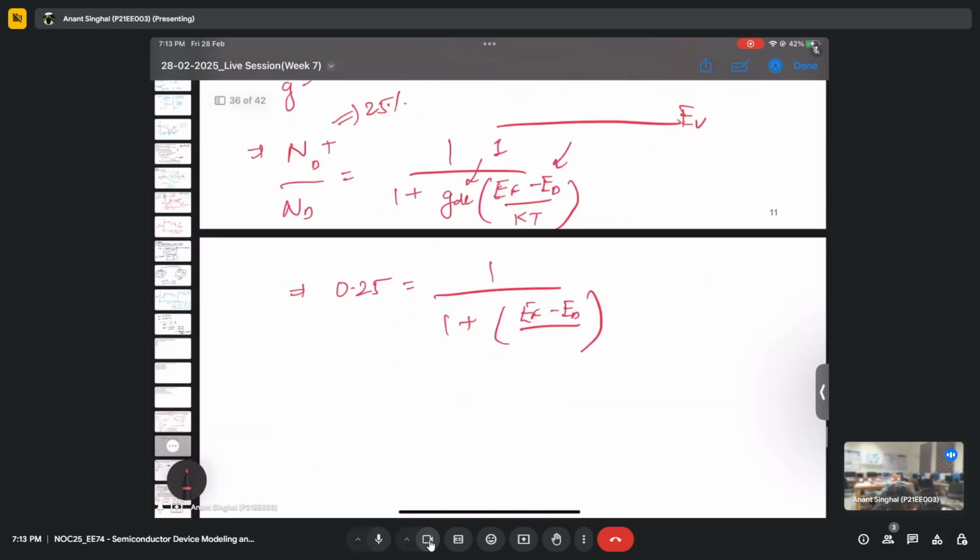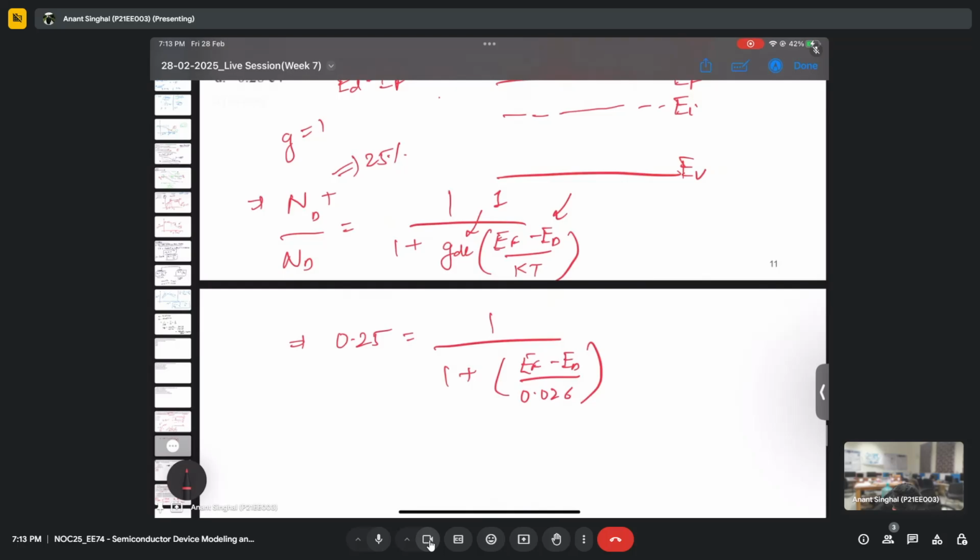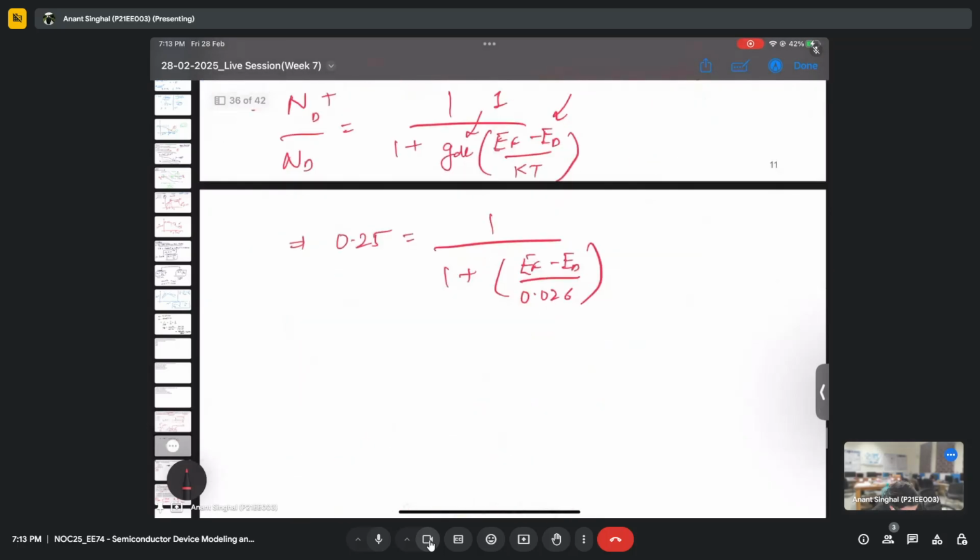So this is nothing but 0.026. It is 300 Kelvin only. So you can calculate EF minus ED, right? Just do it and let me know what is the answer.